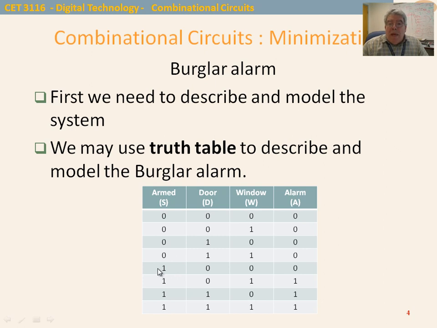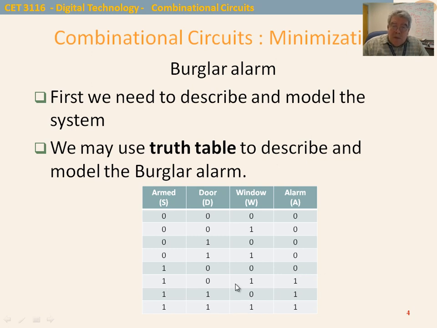Then we see what happens if you have the alarm activated, but the door and the windows are quiet. So there's nothing going on, no problem, no disturbances. You expect that both sensors are 0, and of course there's no problem in the alarm, so 0.